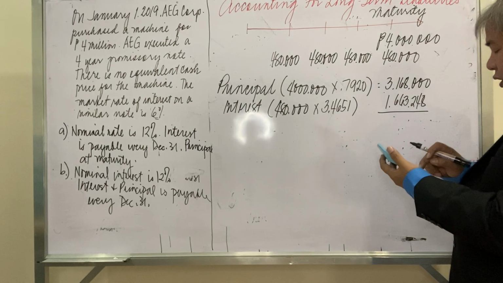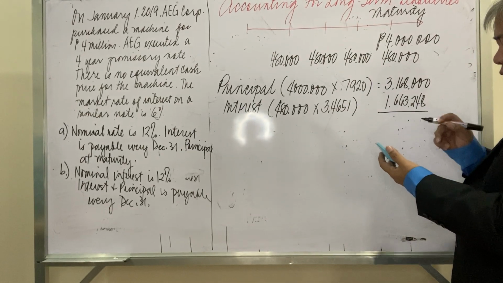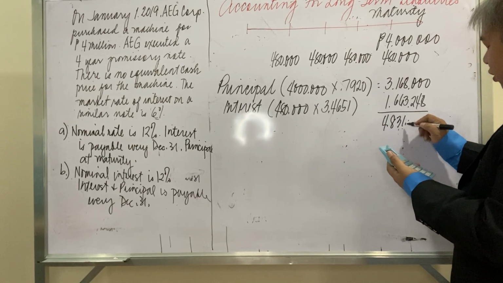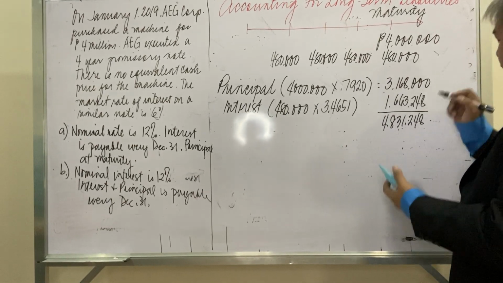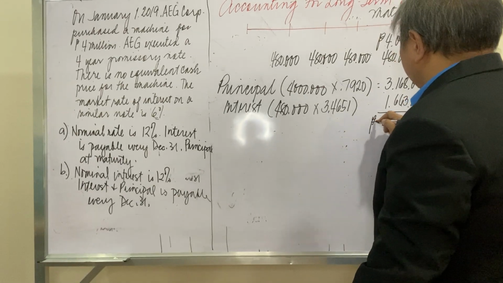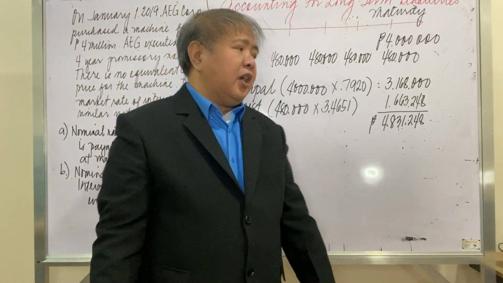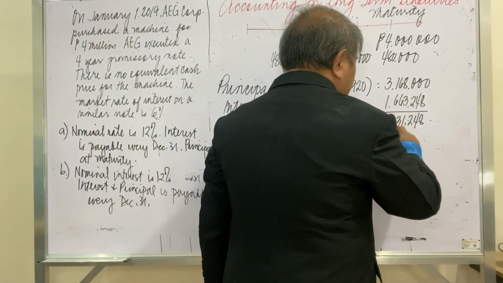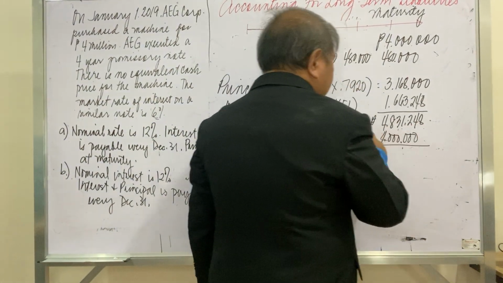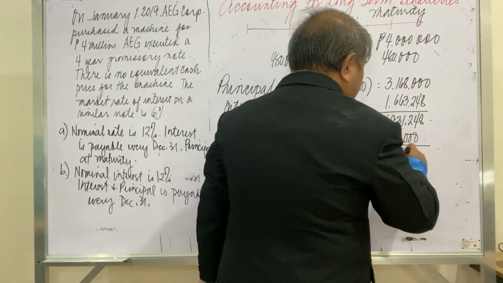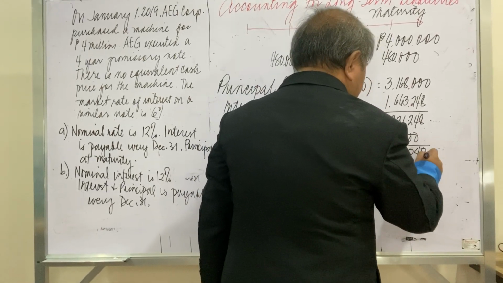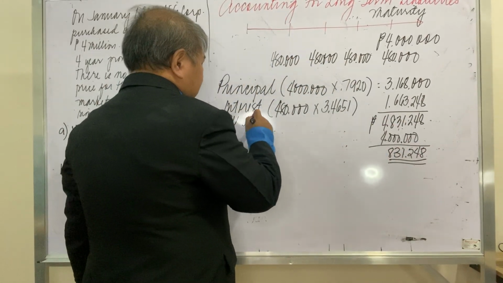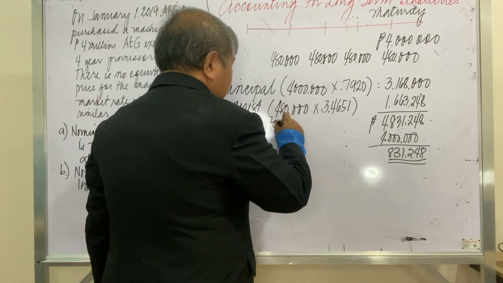Therefore, the total is 4,831,248. This is now the present value of the obligation. Now, how much is the principal? The principal is 4 million pesos. Therefore, the difference is 831,248. So this is the present value of notes payable.